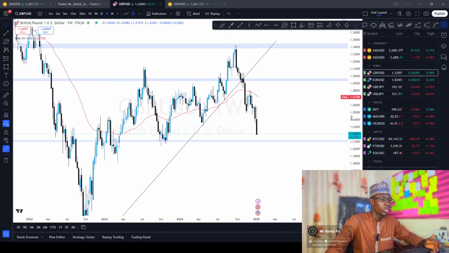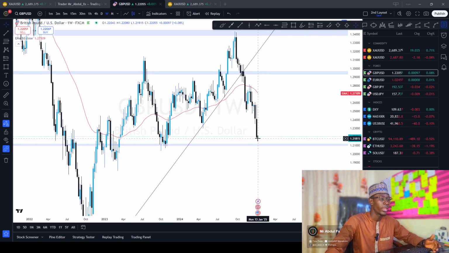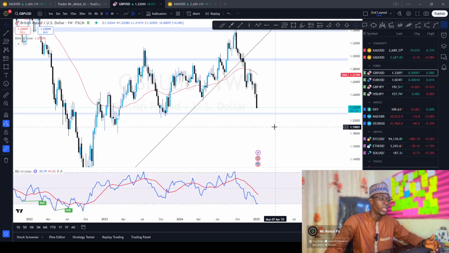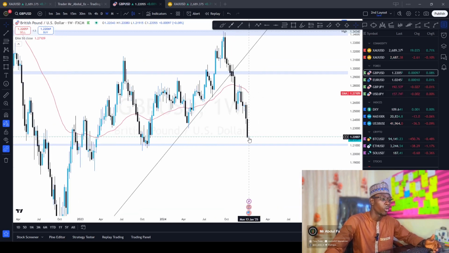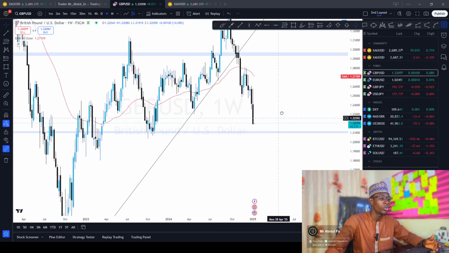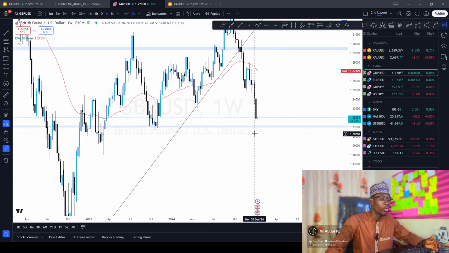What I'm expecting is, because there are two reasons, we closed the previous week with a very strong bearish candlestick, but the trend is exhausted. Based on the RSI, we are at the bottom of the downtrend, and we closed the week without a wick at the bottom.